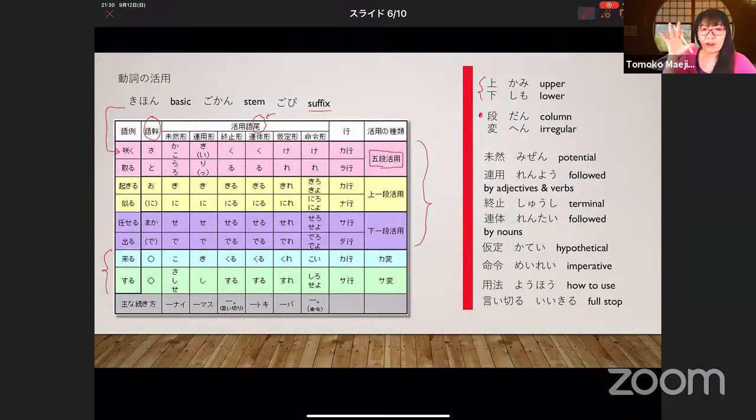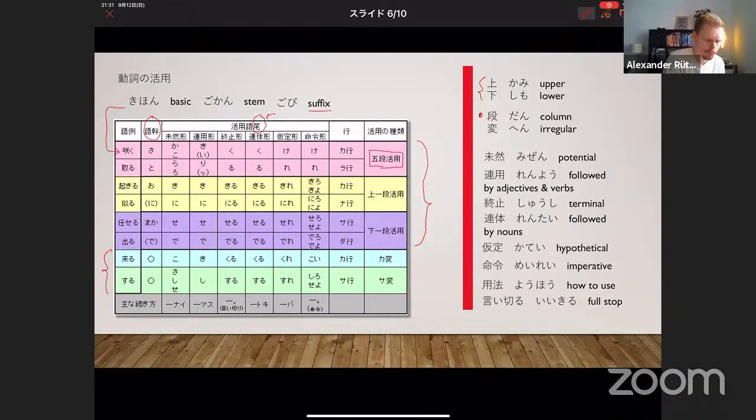You have number 5, godan. Katsuyou. Katsuyou means conjugation. Katsuyou gobi is the conjugation suffix, the conjugation ending.